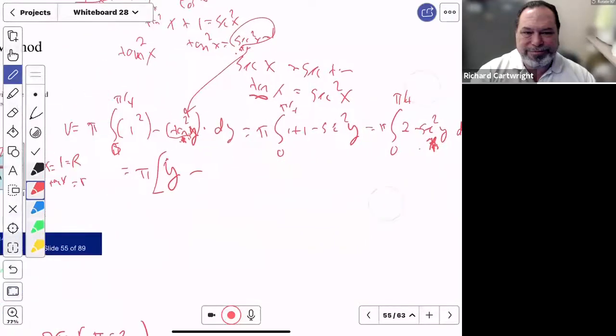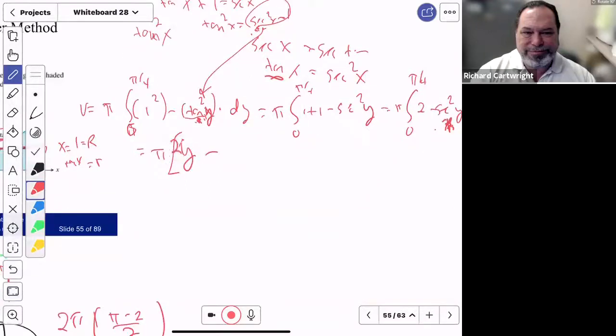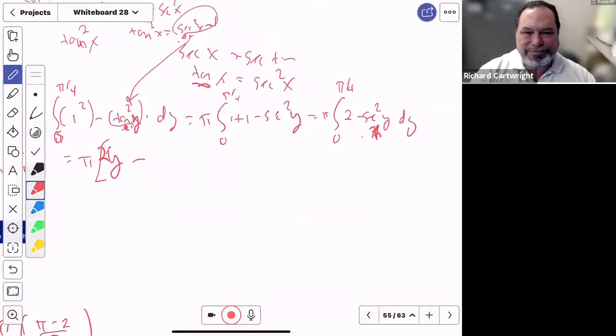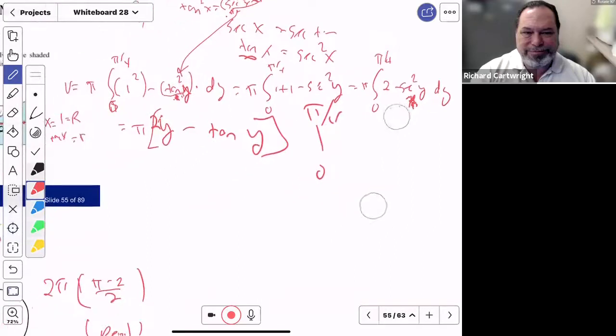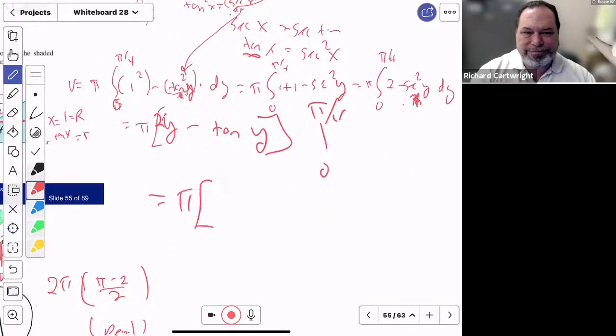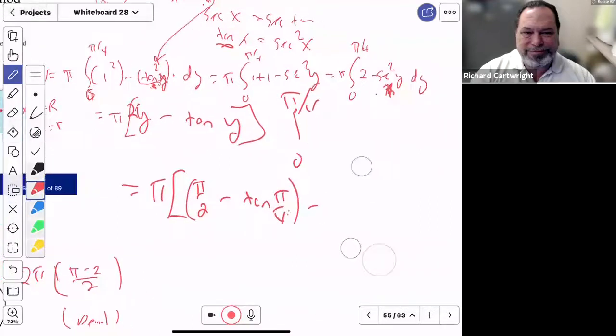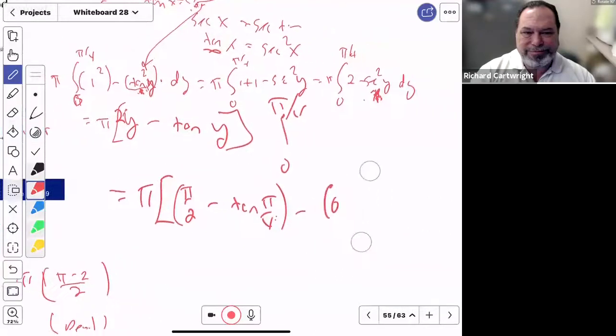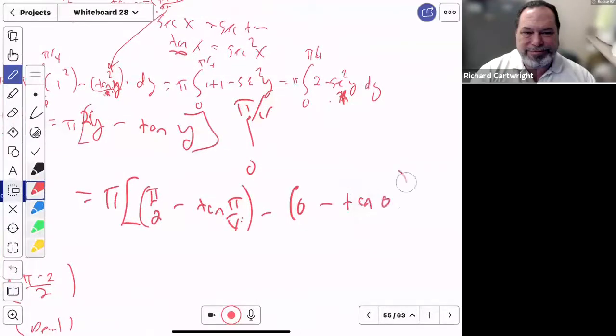So my answer now is not 1y, it's 2y minus tangent of y, from 0 to pi over 4, which is pi times 2 times pi over 4, which is pi over 2, minus tangent of pi over 4, which I think is a 1, minus 0 minus tangent of 0. And I think tangent of 0 is a 1. No, it's not. It's a 0, isn't it?